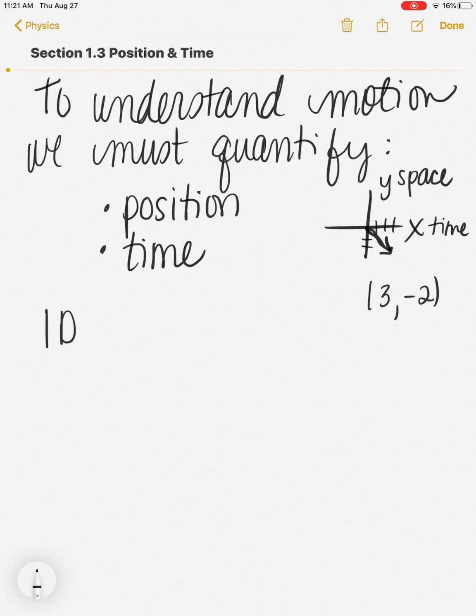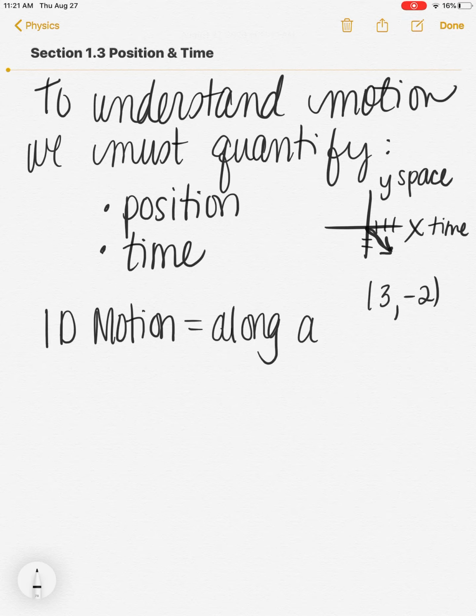All right, we are going to start off pretty simple with one-dimensional motion. One-dimensional motion is considered to be motion along a straight line. This would be like if you're walking down the hallway or a car driving down the road.